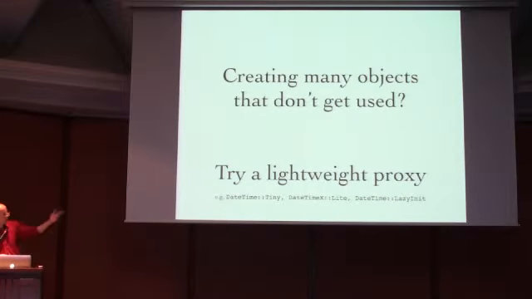So datetime is a good example of something that is often used to inflate values coming from log records or databases, but datetime is quite expensive. So there are various lightweight proxies like DateTime::Tiny, DateTime::Lazy, and there are other more general lightweight proxies that will work for any object. I once made a 25% improvement in a piece of software by making a one-line code change to use one of these.